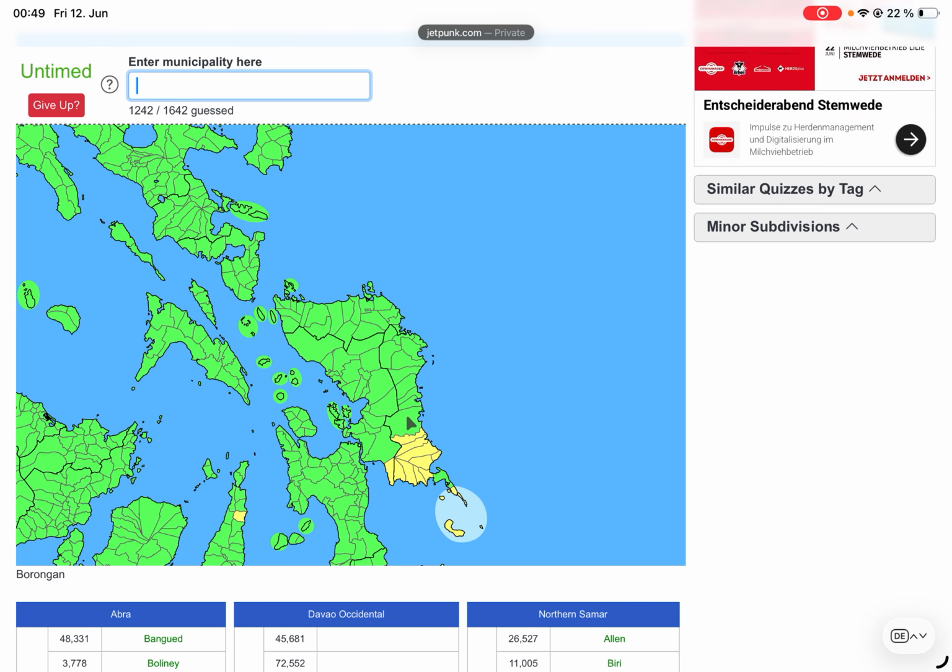Continuing south of Borongan, here we have the municipality of Maidolong. We have this one which is called Balangkayan. We have Llorente, Hernani, General MacArthur. I forgot to name this last one here of the Samar province, and it's called Marabut.